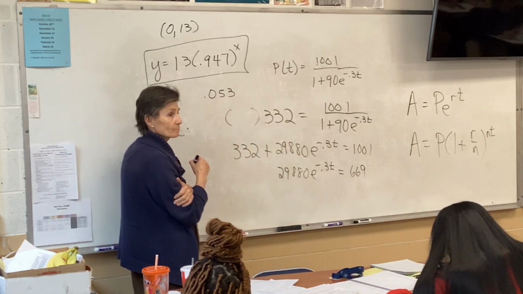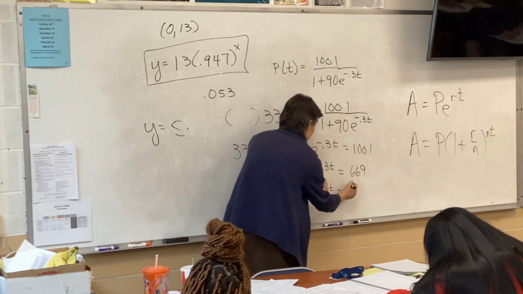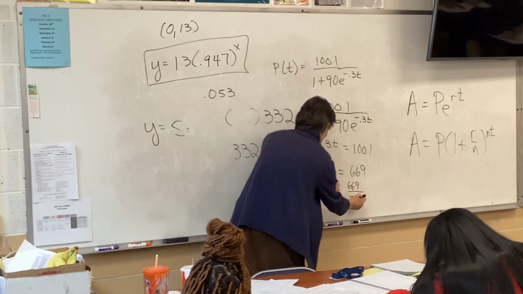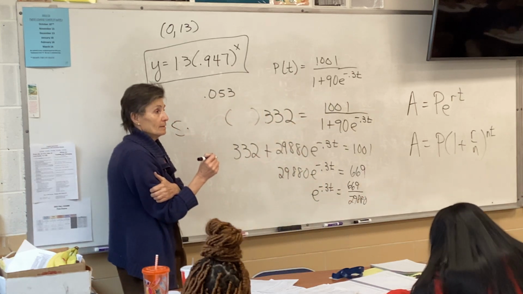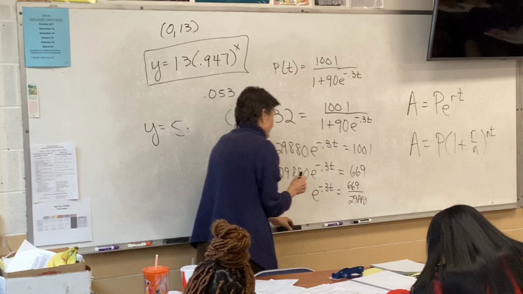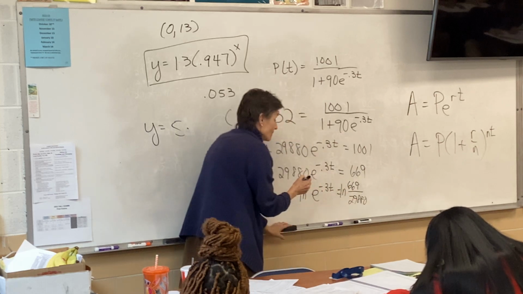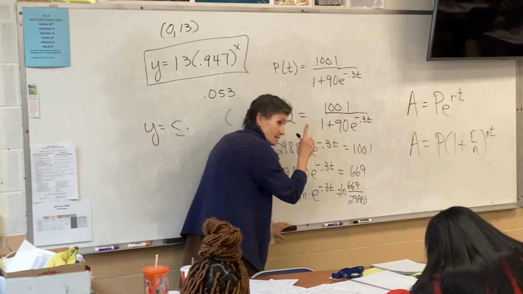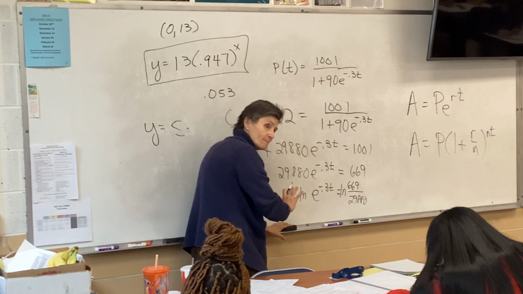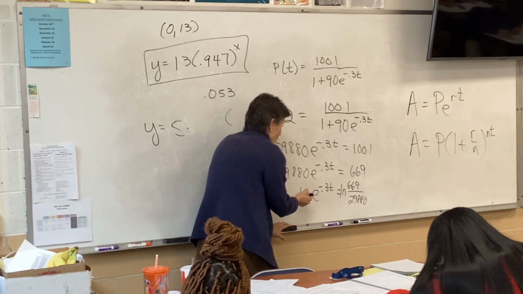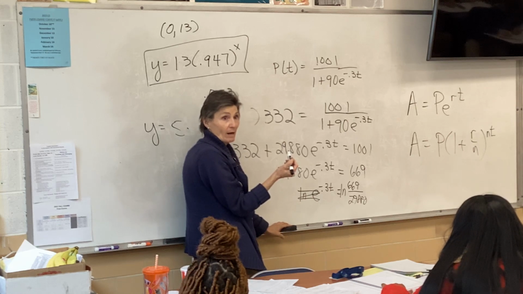Now what? Divide by that. So e to the negative 0.3t equals 669 over 29880. Everybody still with me? Now what? Now you need to take the logarithm of both sides, because t is an exponent, and the only way to get an exponent down is to log it. Now, we chose natural log, because ln will wipe itself out.